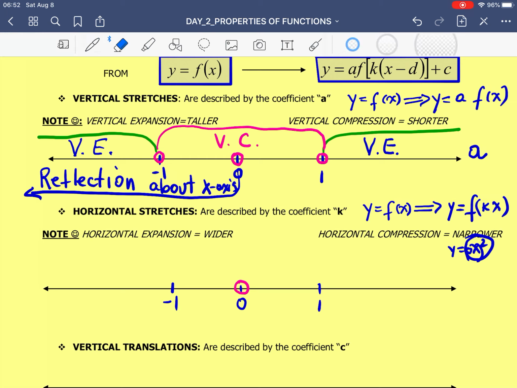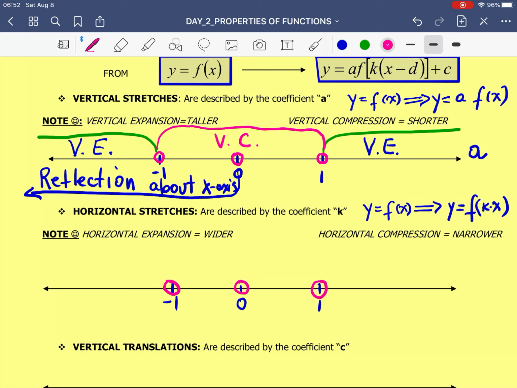Now, since k is the coefficient of x, then we must remind ourselves again that k will cause transformations in the x direction or horizontal direction. And since it is multiplication, okay, k times x, it will cause stretches. If k is bigger than 1, again, we don't discuss equal to 1 because there are no changes in the shape of the graph.